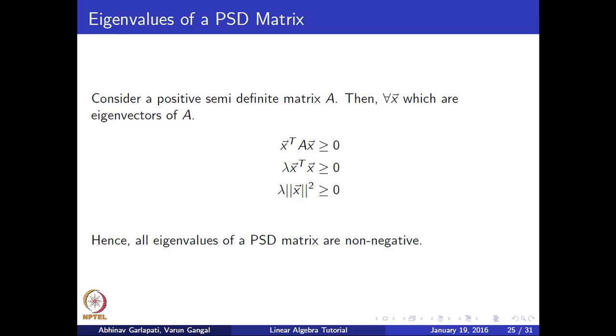Now, since Ax equals lambda x, x transpose Ax simplifies to lambda times the norm of x square, greater than or equal to 0. Since eigenvectors are non-zero by definition, the square of the norm is always positive. This means that every eigenvalue of A is non-negative.